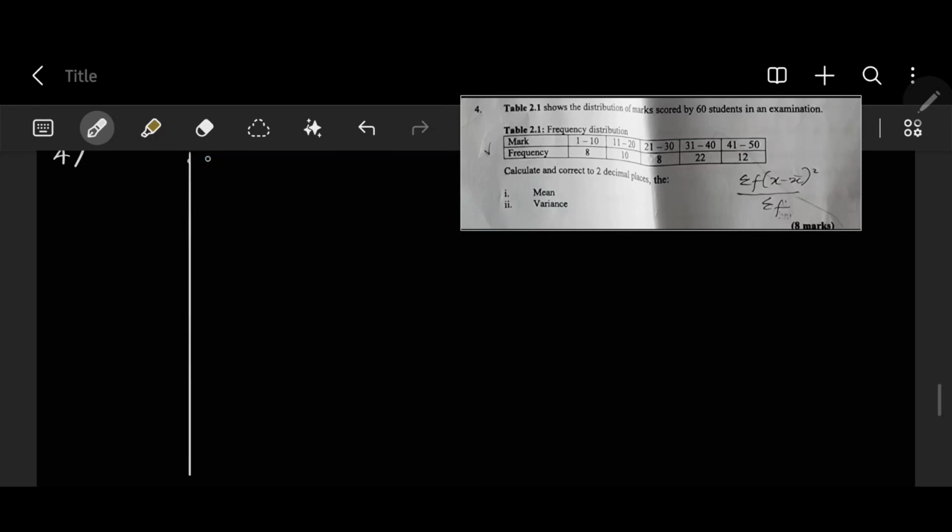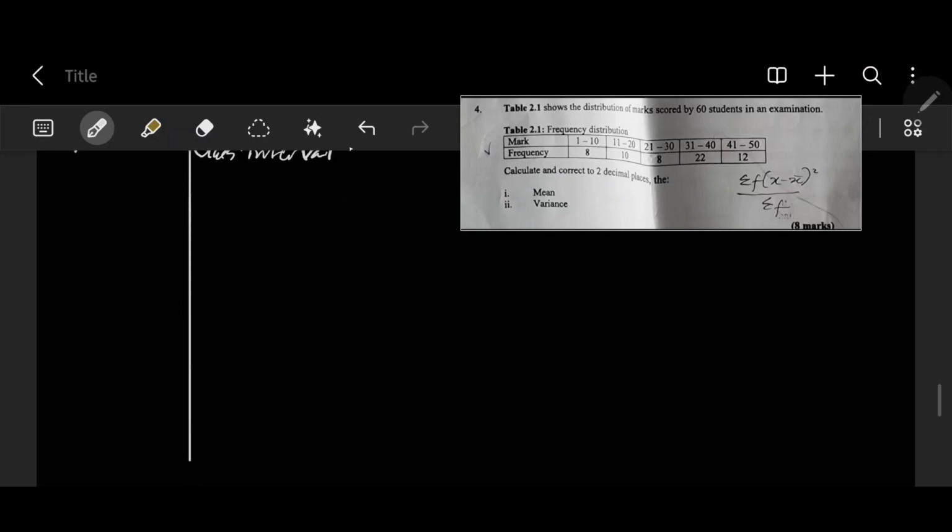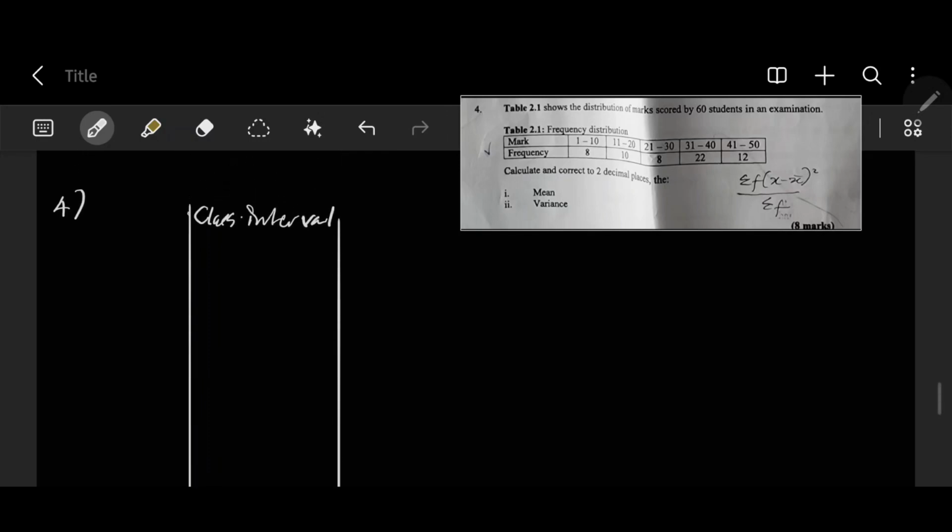For this part, we have the class interval, or class boundary. Next, just go ahead and calculate the mean of each class.